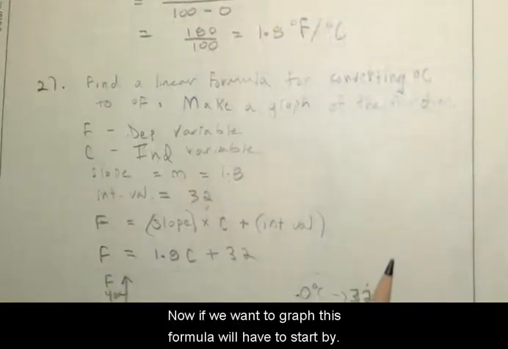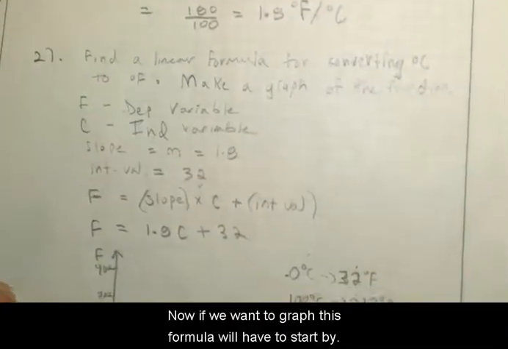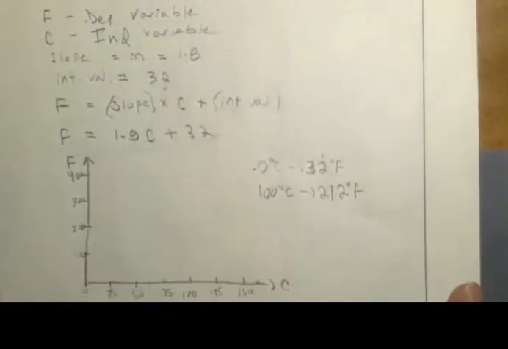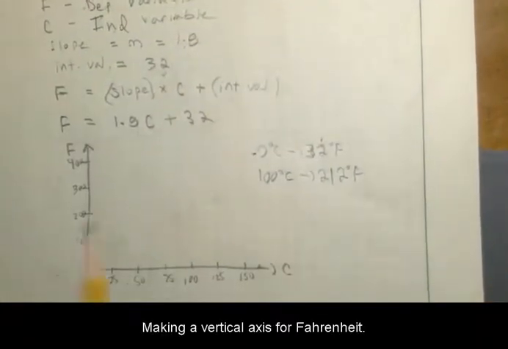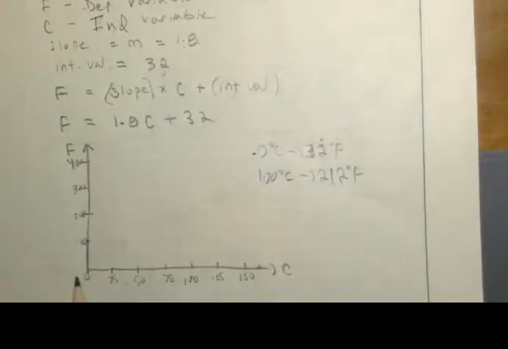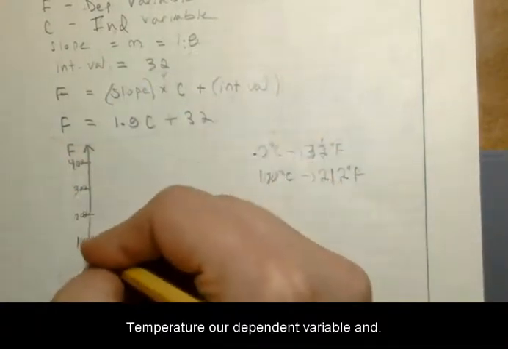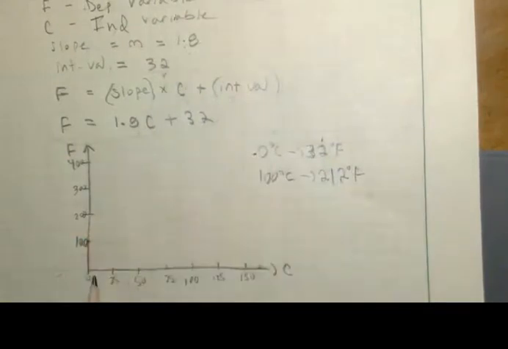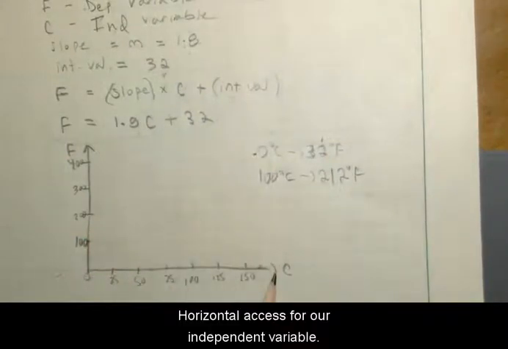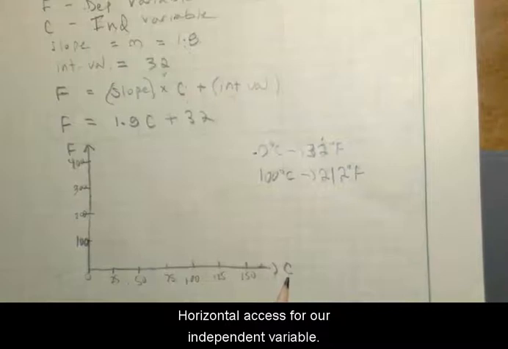Now we want to graph this formula. We'll have to start by making a vertical axis for our Fahrenheit temperature, our dependent variable, and a horizontal axis for our independent variable, Celsius.